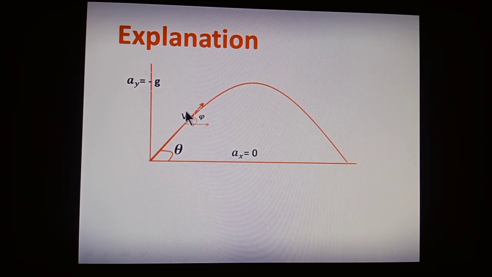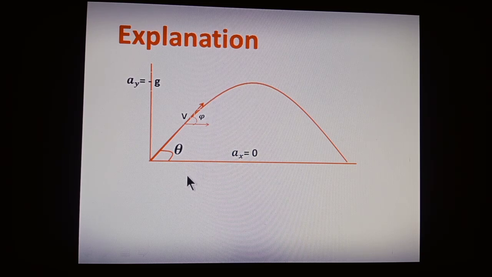Here the velocity has two components, along x-axis and along y-axis, horizontal component and vertical component. So we apply first equation of motion to find the value of the velocity after some time, means final velocity along x-axis and final velocity along y-axis.